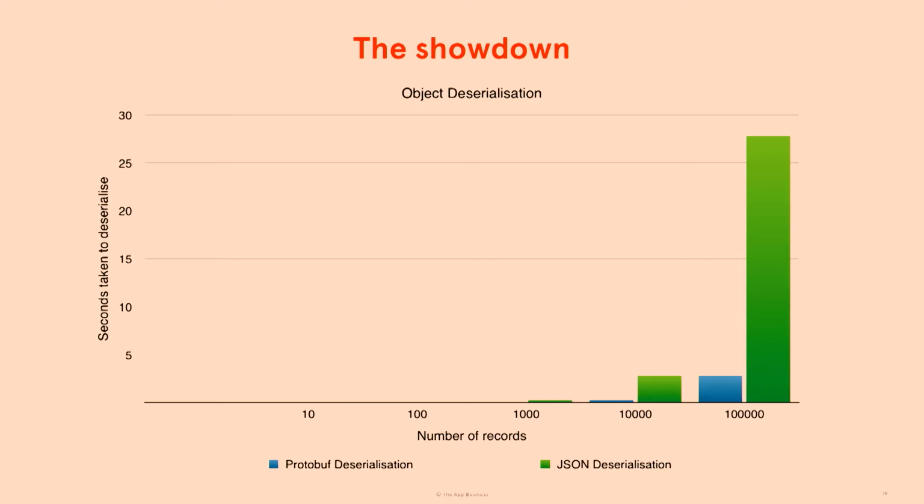And then when we move on to deserialization, it just gets even worse. I'll admit this was not run on the fastest of machines, but all the code was run on the same machine. So what's important to take away here is maybe not the actual values, but the relative difference.